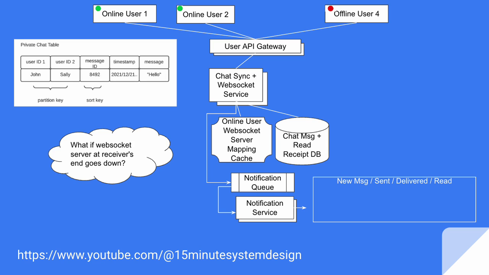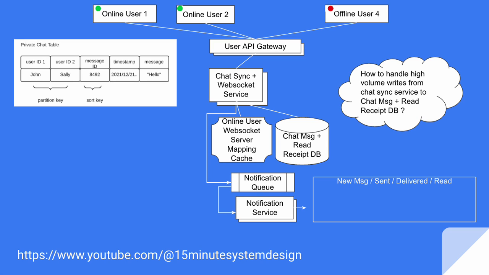Also, once the messages are delivered and read by a recipient, his device client would also send back the delivery status to the chat service, which we would be storing in the read receipt DB, and this service would again forward this message delivery status to user 1, which was the sender, as a push notification.